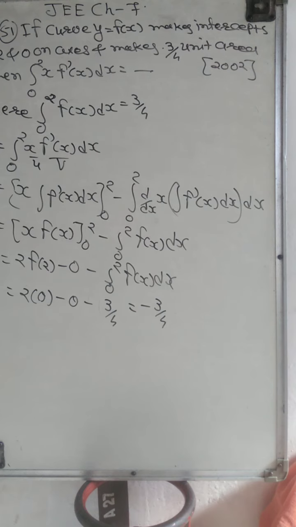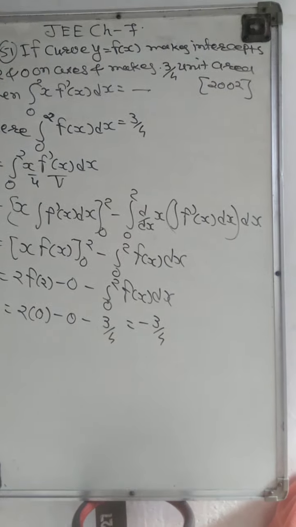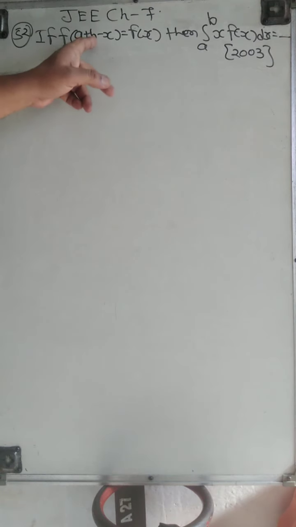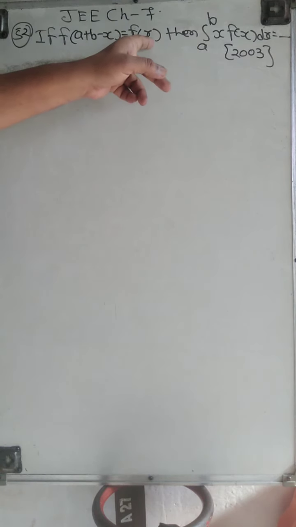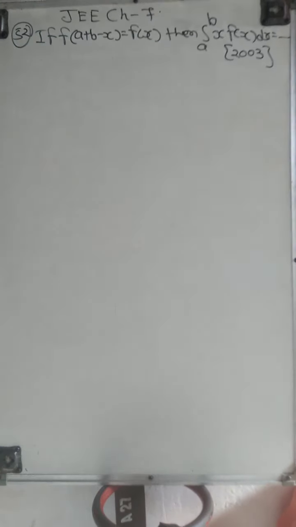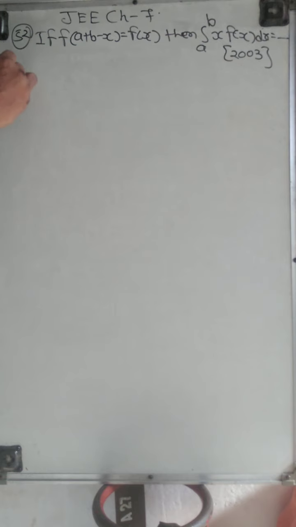Now we go for the 52. Here 52: if f(a plus b minus x) equal to f(x), then integration a to b x f(x) dx is equal to dash. So here I equal to integration a to b x f(x) dx.